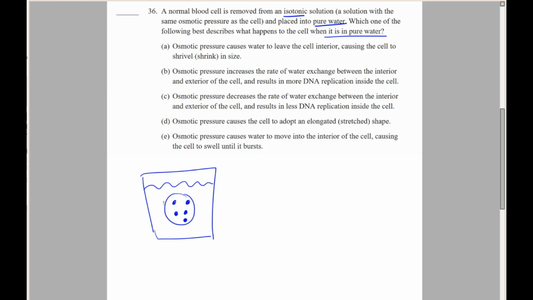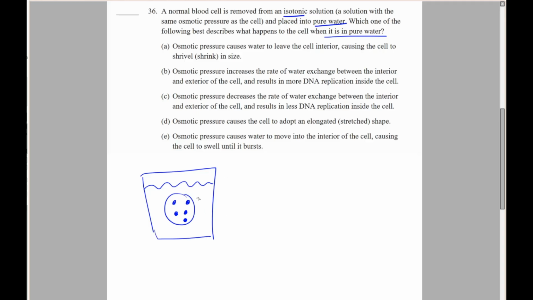And so the water is going to move from the areas of low concentration of solutes to the areas of high concentration of solutes. Because if you look at it this way, this cell has a very high concentration of solutes, and the water has no solutes. And since water is the only thing that can move through the cell membrane, it wants to move in a way that will relatively balance out the concentration of solutes both inside and outside of the cell.